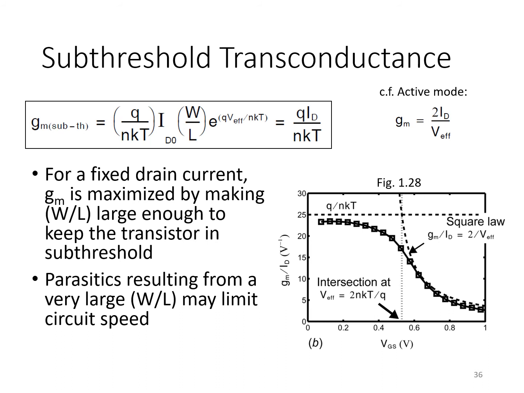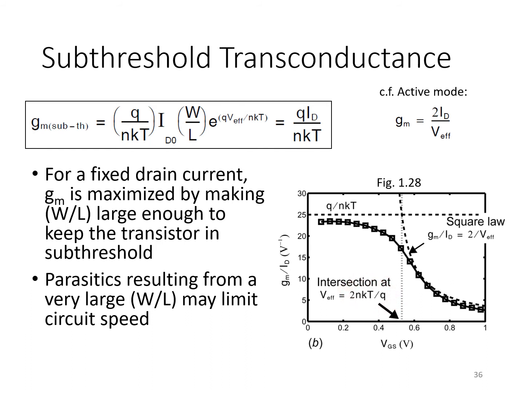You do so by making the transistor W over L ratio very, very large. But beyond a certain point, there's a point of diminishing returns here, and that happens at values of V effective right around the thermal voltage.